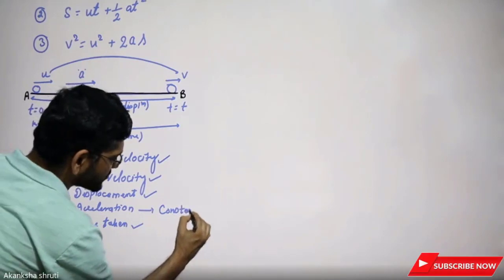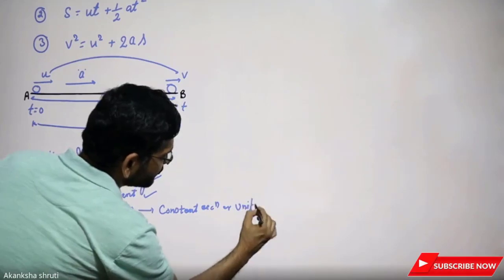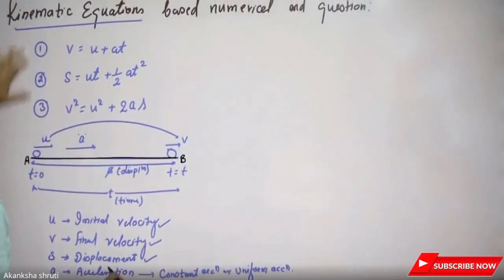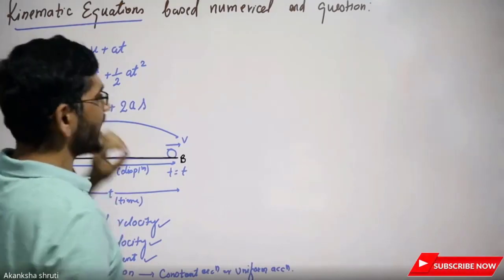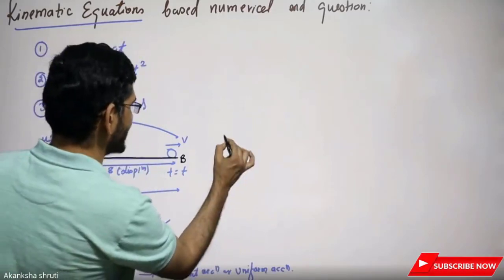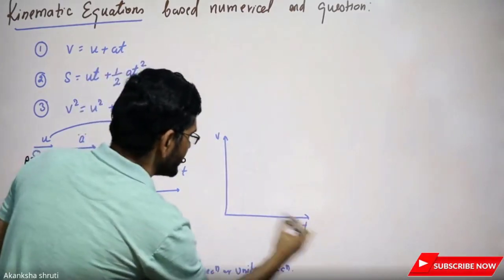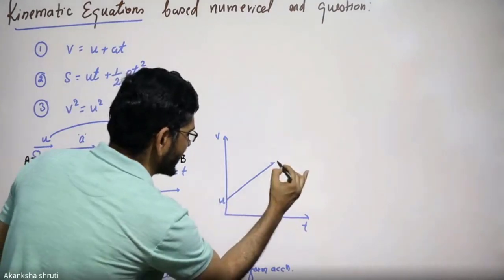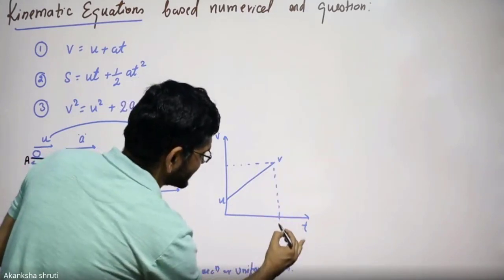So this is constant acceleration, or uniform acceleration, because the kinematic equations that we derived in our last class were based on the graph in which the body was moving under uniform acceleration. From the v-t graph, we considered the body with initial velocity u and final velocity v, reached in time t.